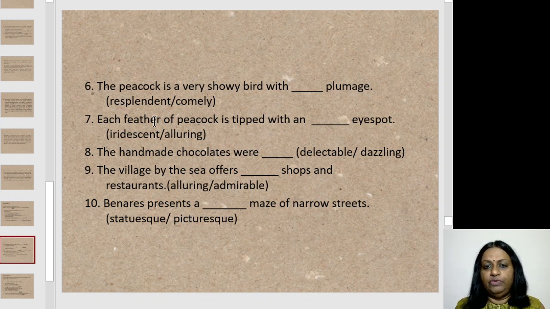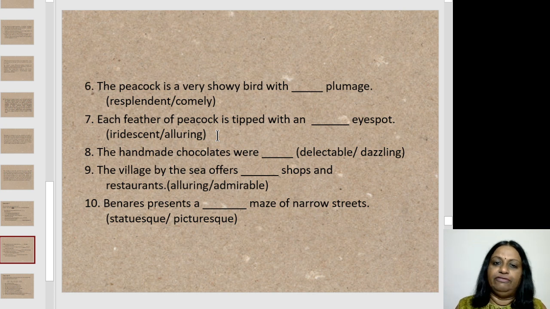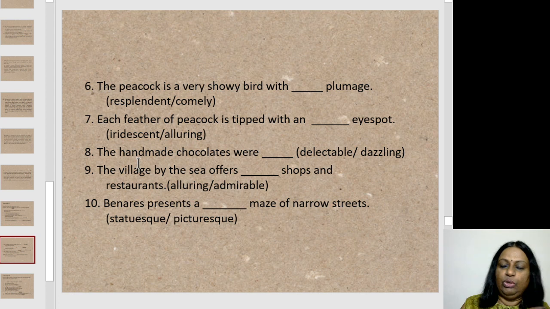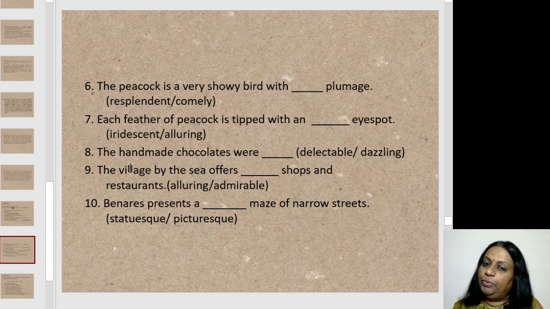Which word would you use? Think of how the eye in the peacock feather looks. It is very bright and colorful. So the appropriate word would be iridescent. Alluring or attractive looks okay, but we are talking about the feather and how the eye spot in the feather looks. So iridescent would be a more appropriate word in this context.